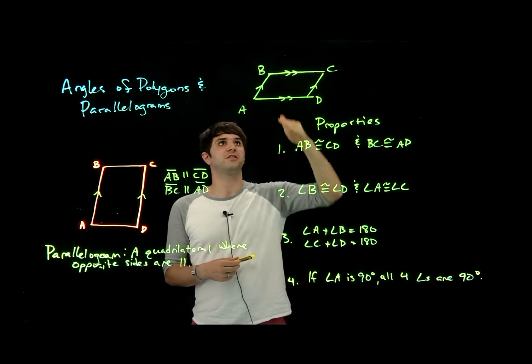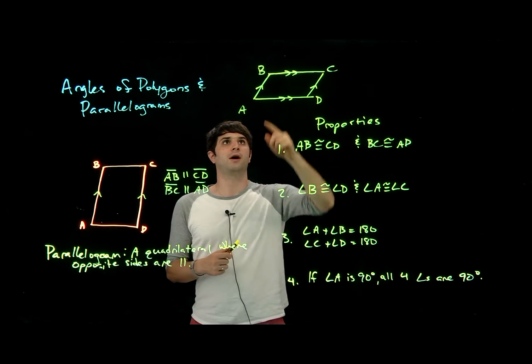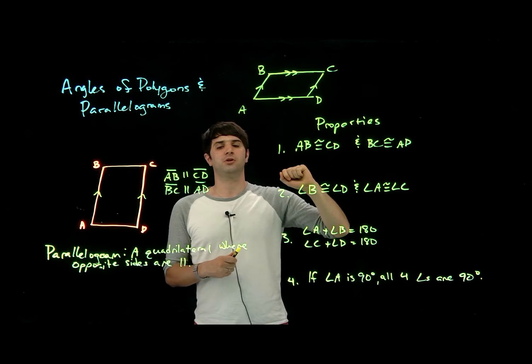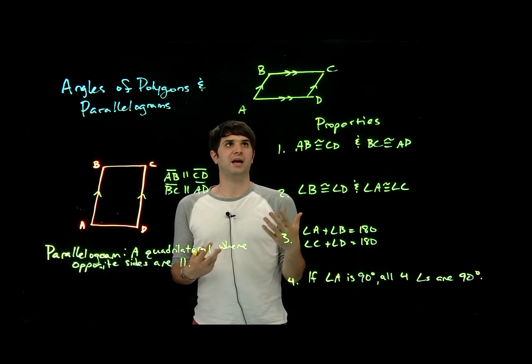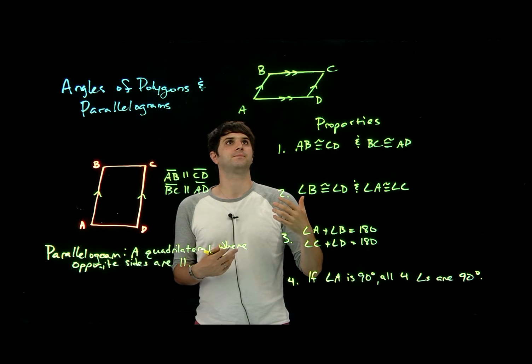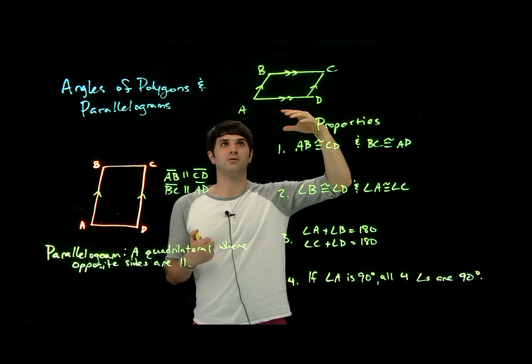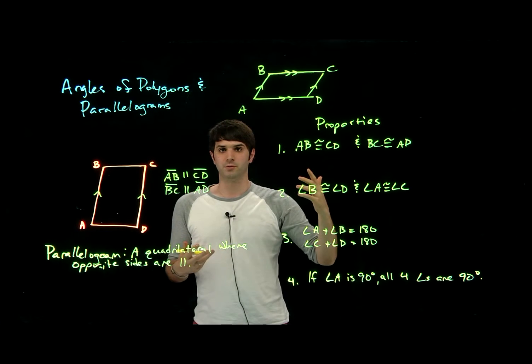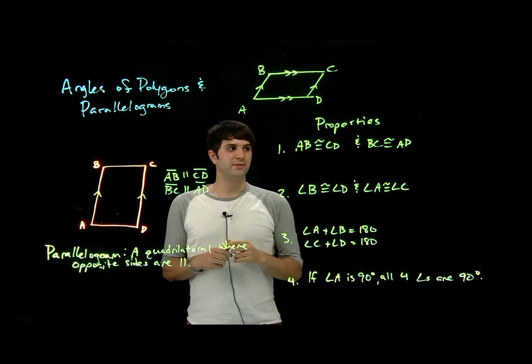But if we draw a line from B to D, then triangle BAD is going to be congruent to DCB by SAS. So by SAS, those triangles will be congruent, so these sides will be congruent. And similarly, the top and the bottom will be congruent. So that's where that comes from.